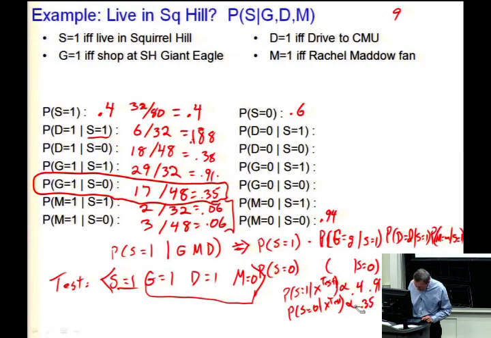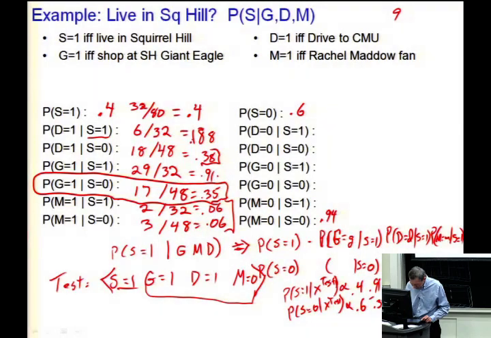Oh, I'm sorry. I see. I left out the prior on Y. And then 0.35. And then what's our next one? Driving given S equals 0 is 0.38. Is that right? And then being not a Maddow fan is, again, 0.94. Okay, so which of these is bigger?